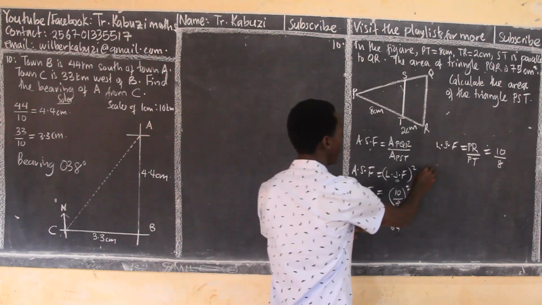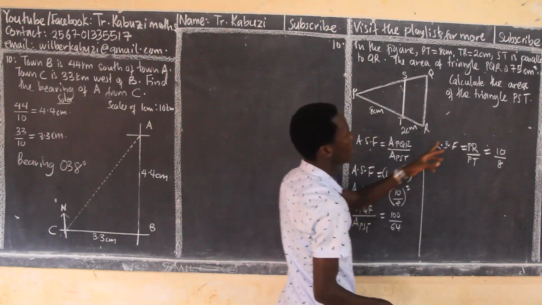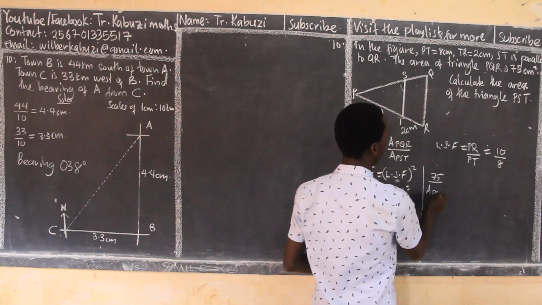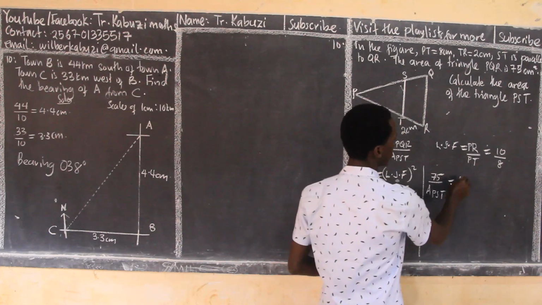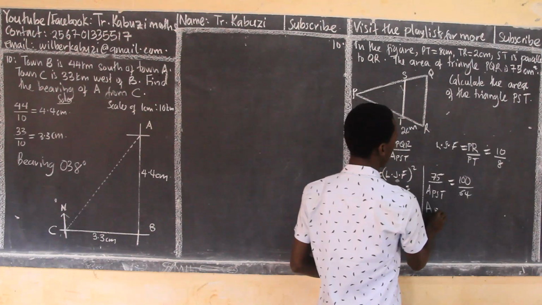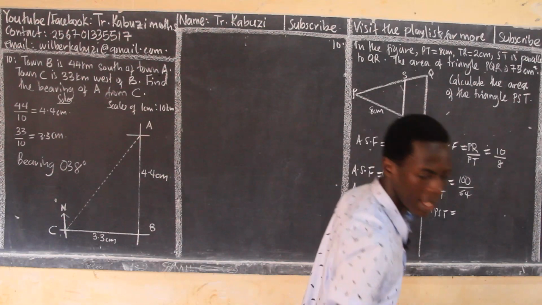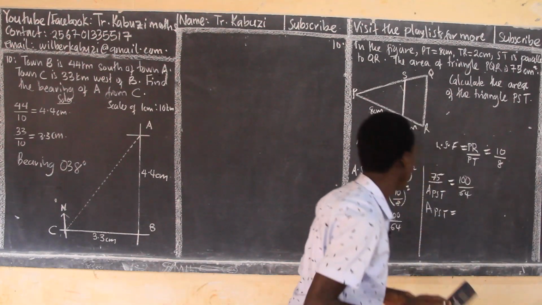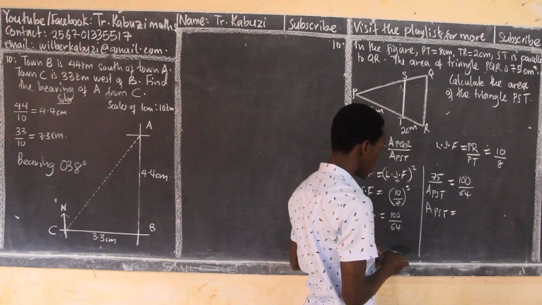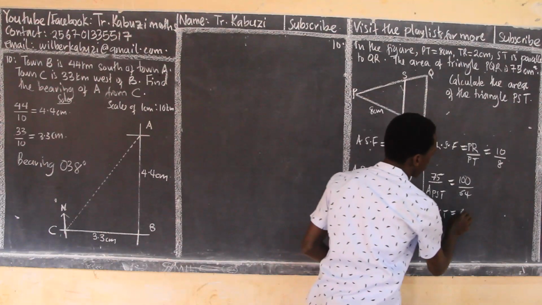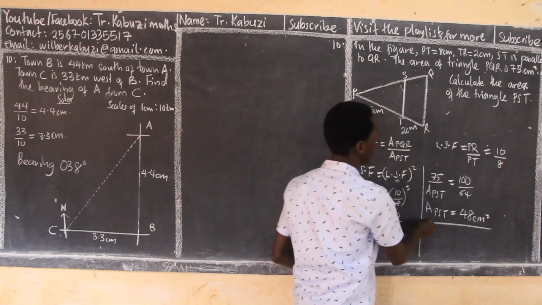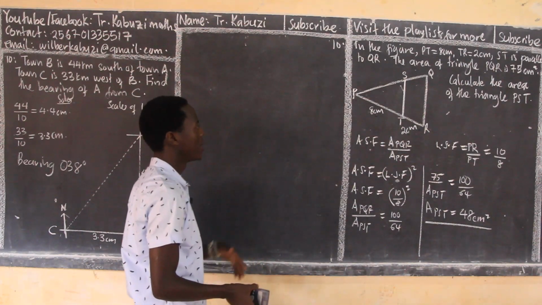They gave me 75 for the big one, PQR, so I have 75 over the area of PST equal to 100 over 64. Simplifying that, you'll get 48 centimeters squared. So that's why we had to do that number with ease. As simple as that.